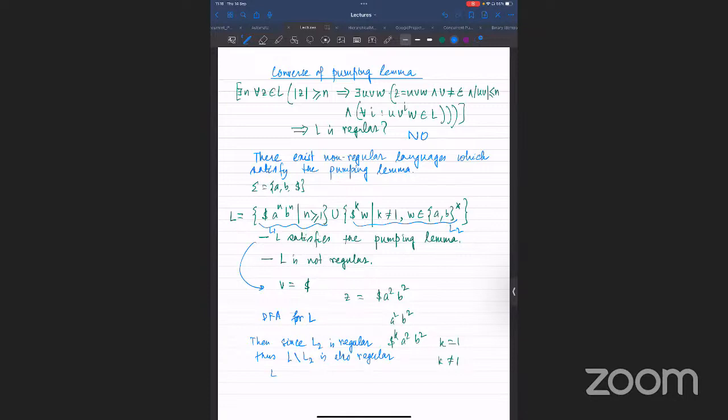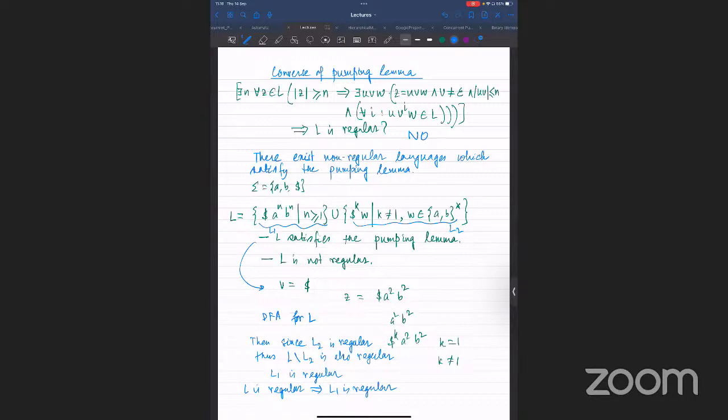So what you are saying is that then you get L1 is regular. So far you have to prove if L is regular. What you show is that if L is regular, it implies L1 is regular, right?